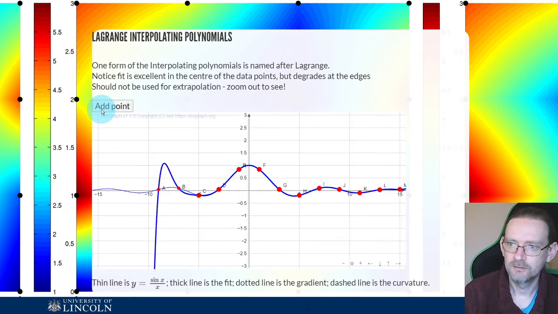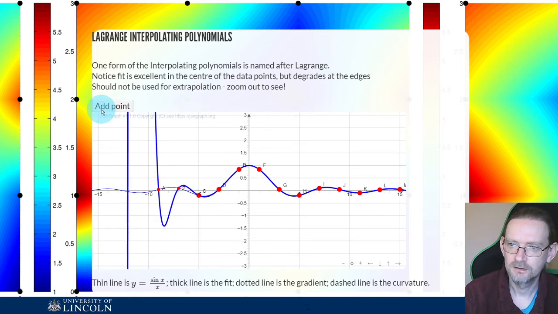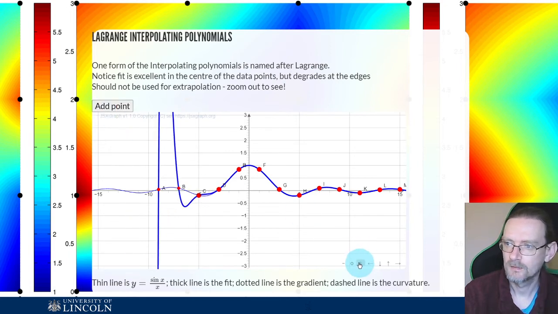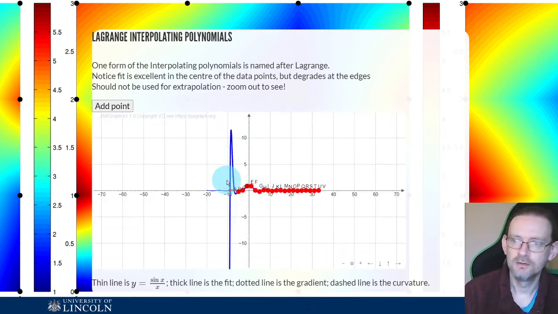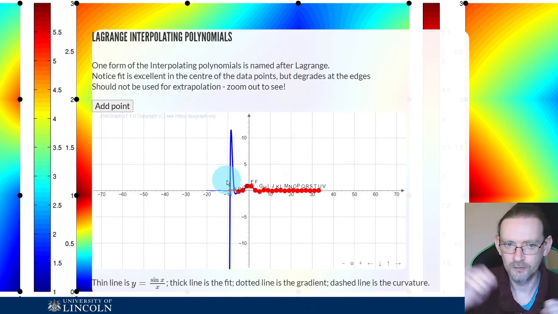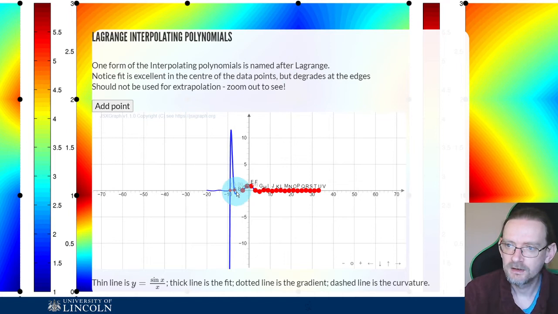Indeed, if you go to particularly large values, things start to get quite difficult. You start to get these huge variations. Because it's such a high order polynomial, despite it going through each of the points, particularly at the edges of the function, you can get these very weird overshoots.